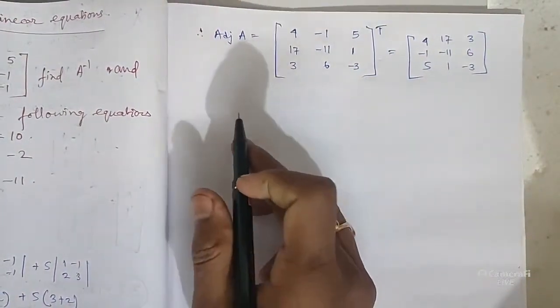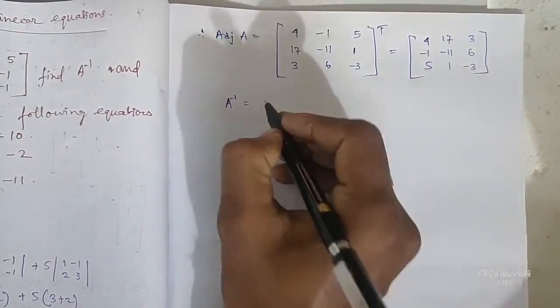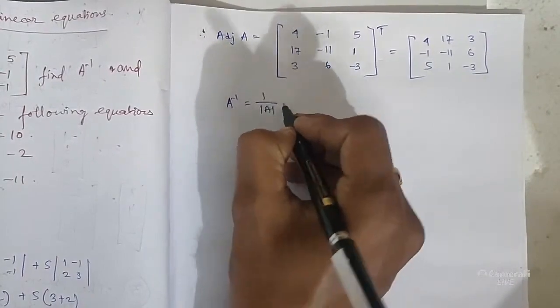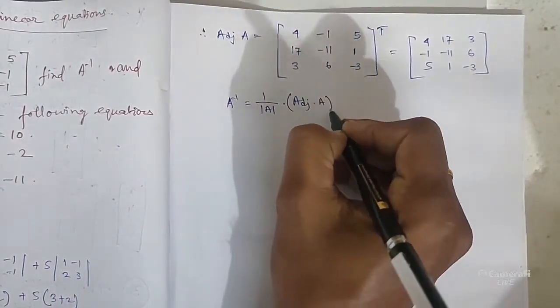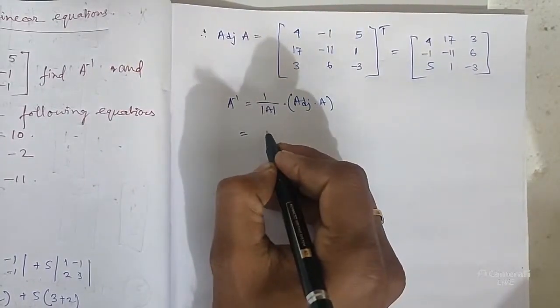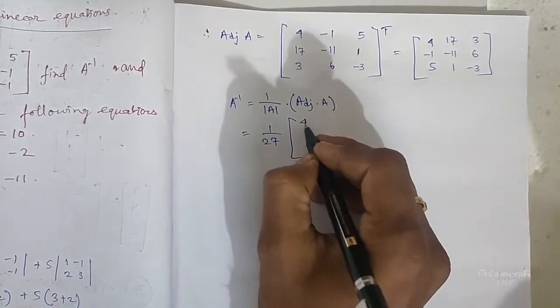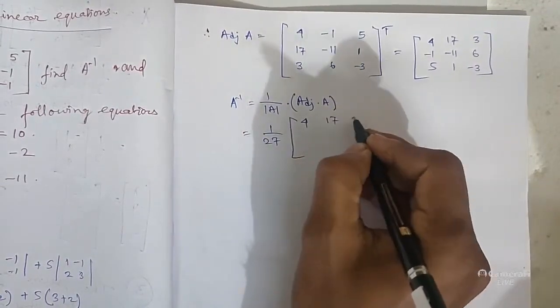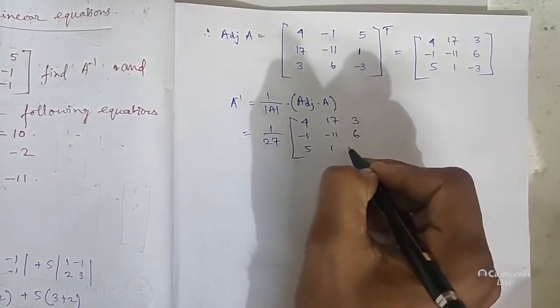So in this way we have to find adjoint A. So what will be the value of A inverse? A inverse equals 1 by determinant A into adjoint A. 1 by determinant A means 1 by 27 into this matrix.